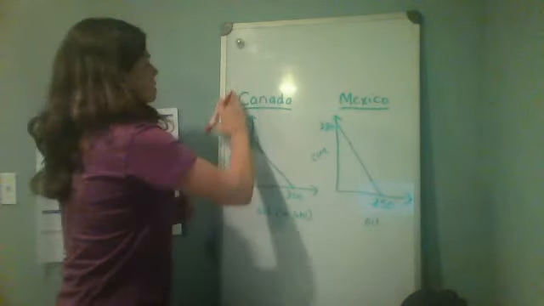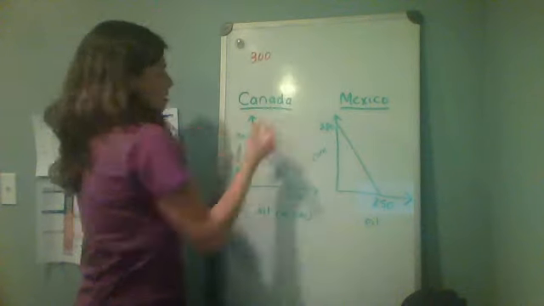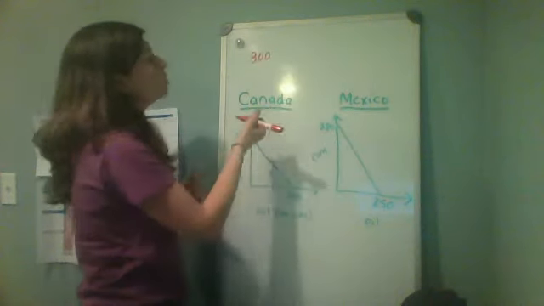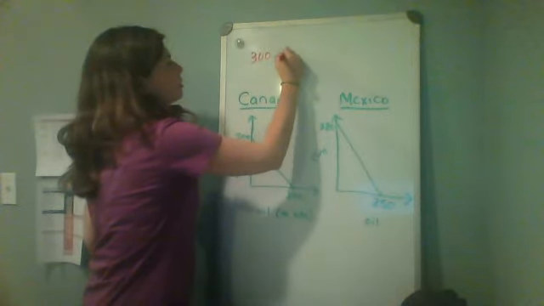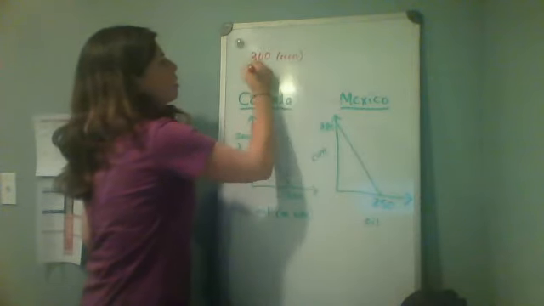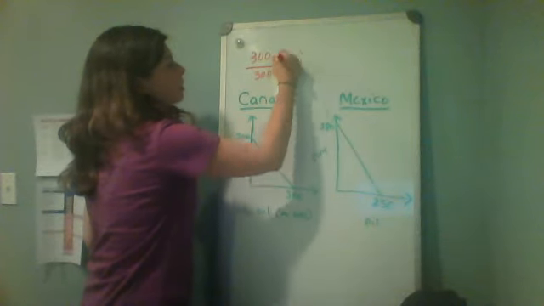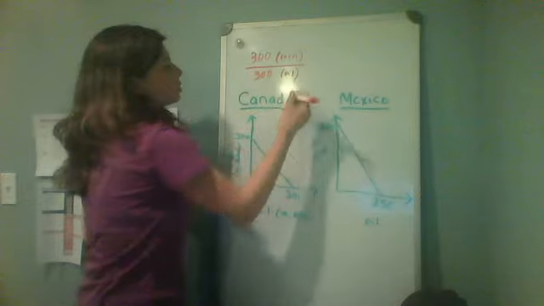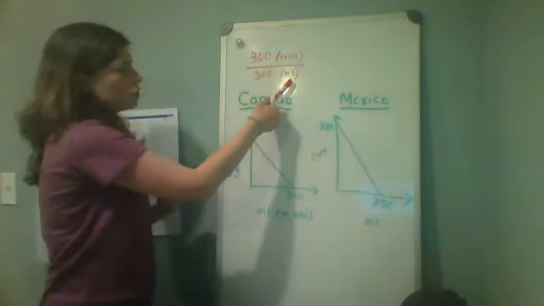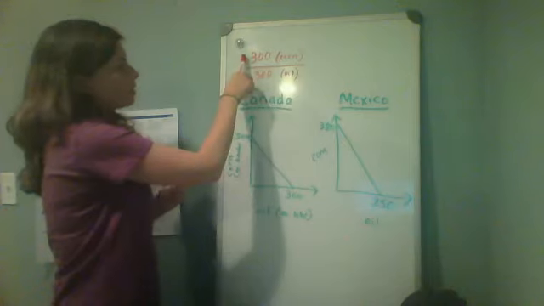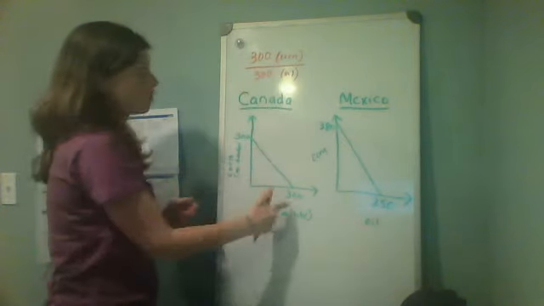In this case, it costs them 300 million bushels of corn, I'll just write corn here so we know what we're talking about, for the 300 million barrels of oil that they want to produce. So the denominator is oil. It's what they're trying to get. They're giving up the 300 million bushels of corn to get the 300 million barrels of oil.